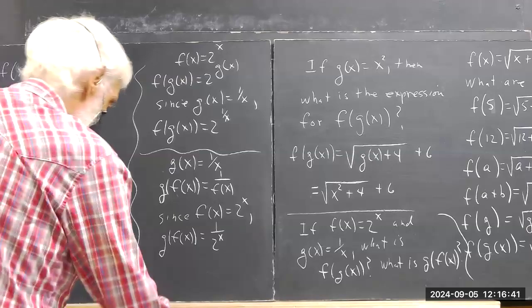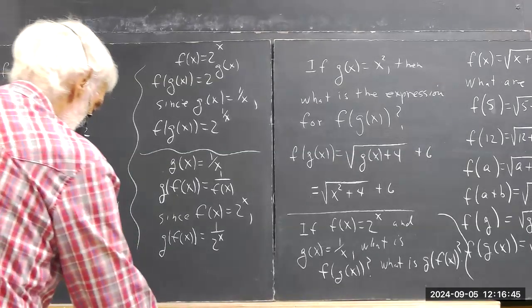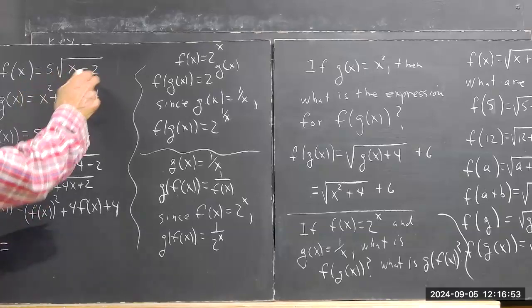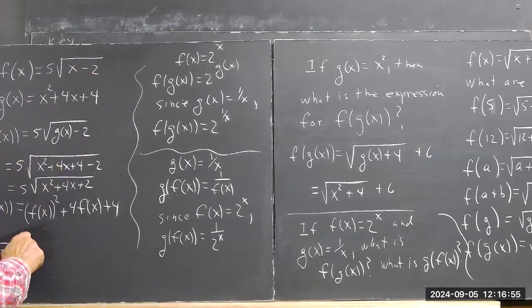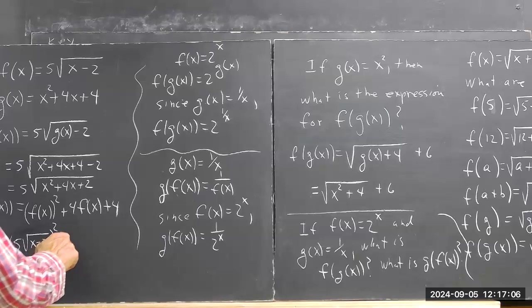And then F of X is 5 square root of X minus 2. So F of X squared would be this 5 square root of X minus 2 quantity squared.